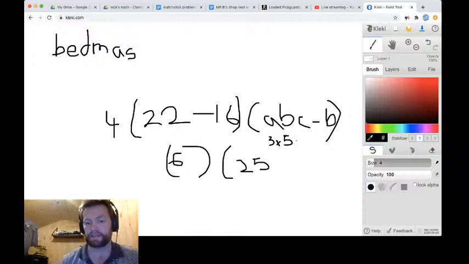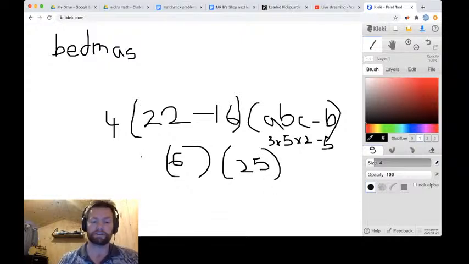And then I'm timesing that by 2. 15 times 2 is 30, and then I'm subtracting 5. So I'm still following order of operations inside the brackets. I'm doing multiplication, 1, 2, 3, and then I'm taking the 5 off.